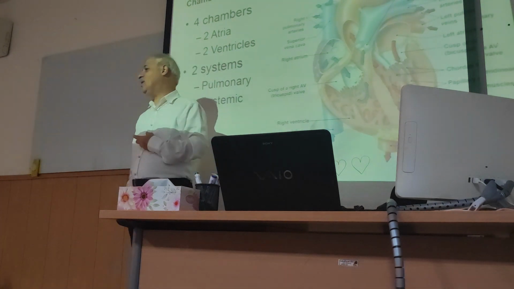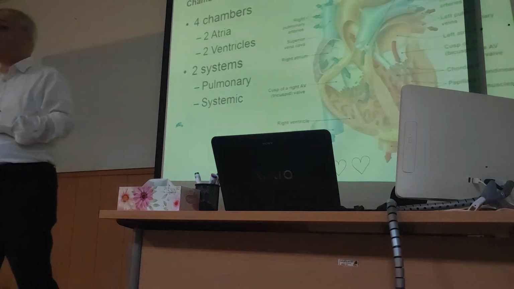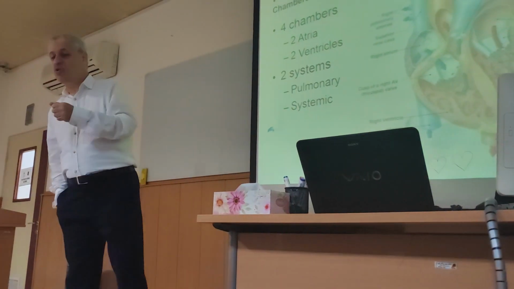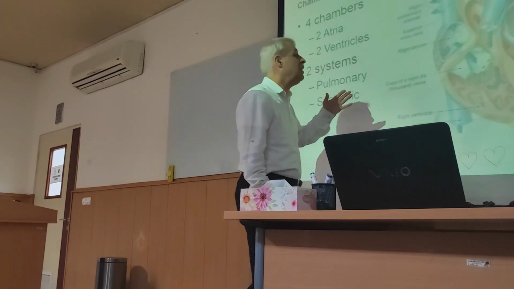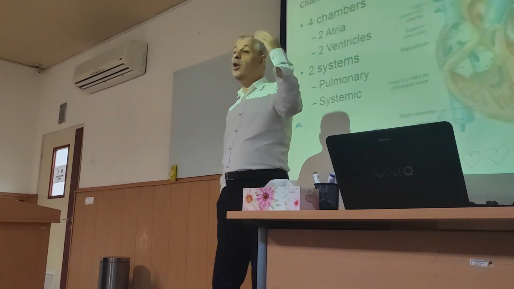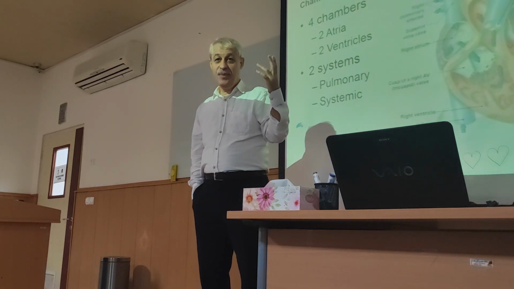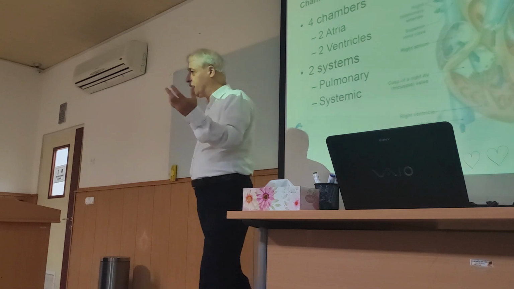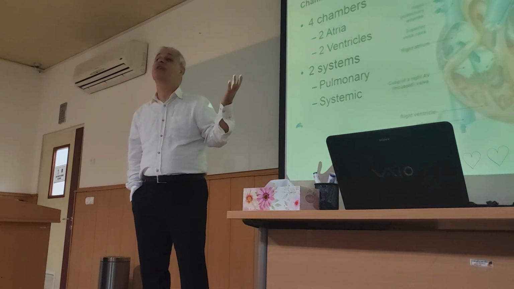The papillary muscles contract during ventricular contraction and prevent the leaflets of the valves from bulging into the atria, because inside the ventricle we have a high pressure in comparison to the atria.